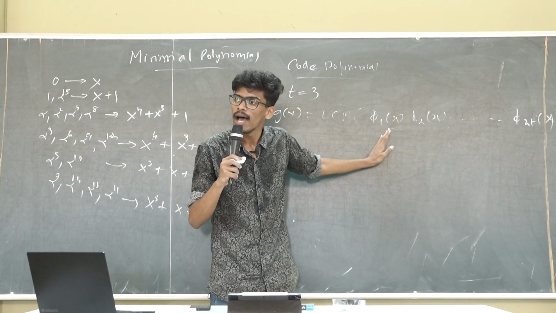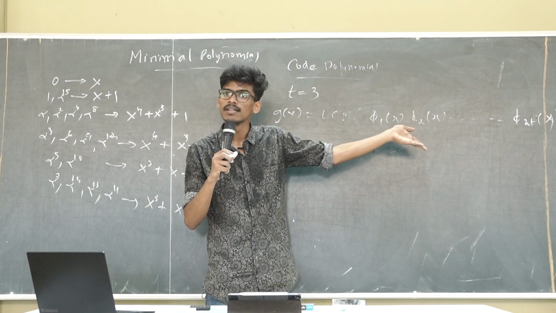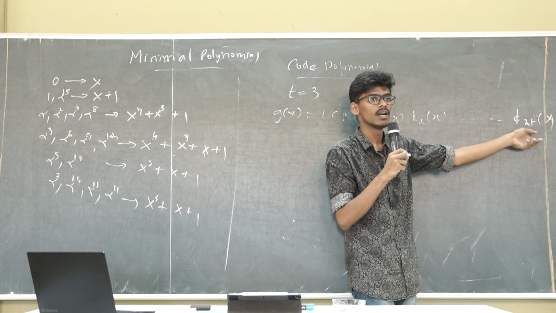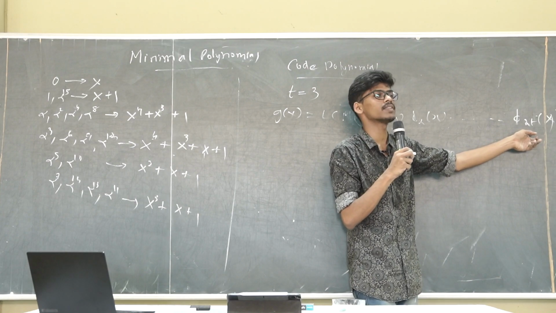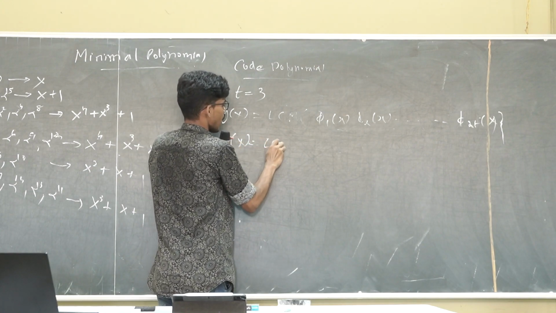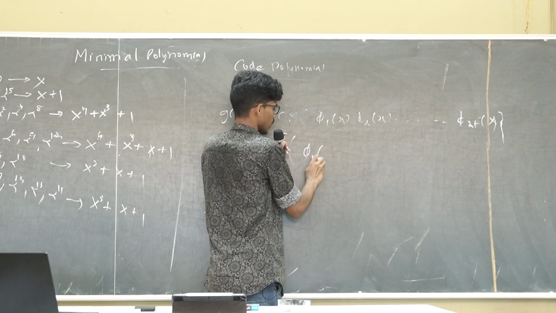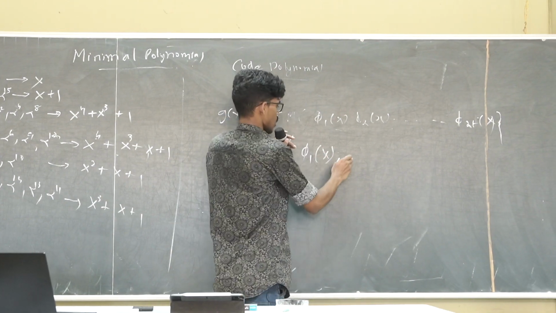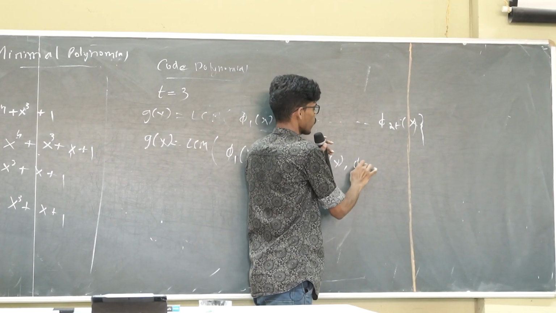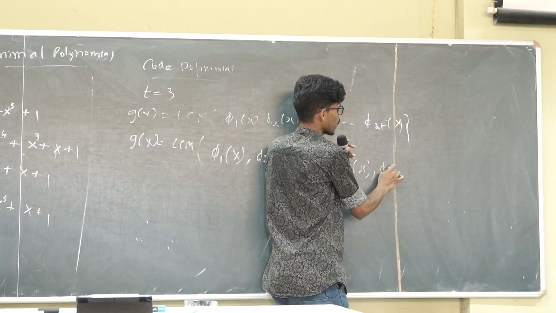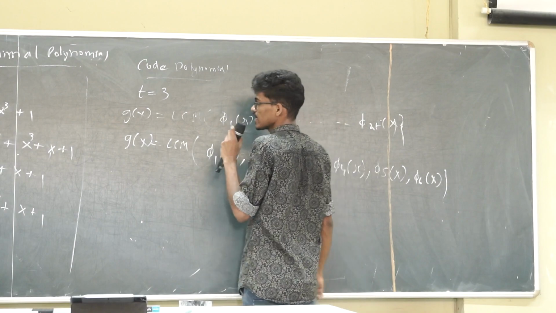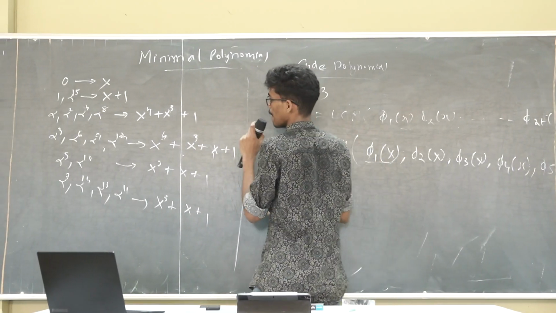Minimal polynomial of alpha to the power 1. What is phi 2 of x? Alpha square. Up to how much should we go, if t is equal to 3? 6. So, in this case, g of x equals LCM of phi 1 of x, phi 2 of x, phi 3 of x, phi 4 of x, phi 5 of x, phi 6 of x.